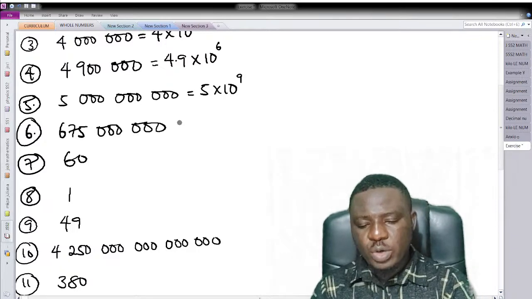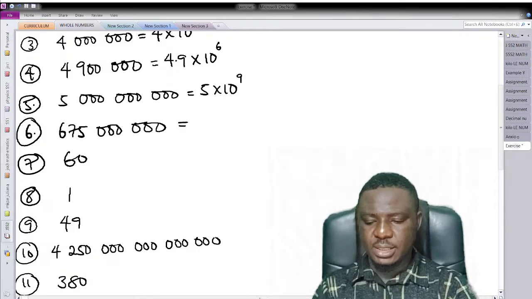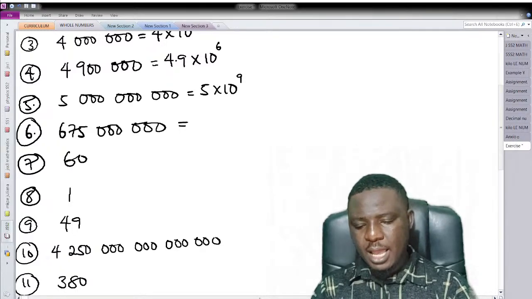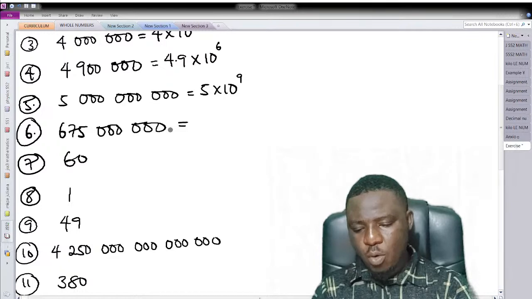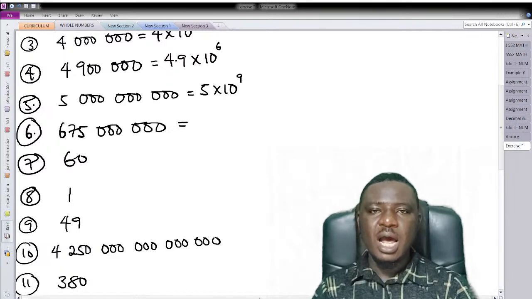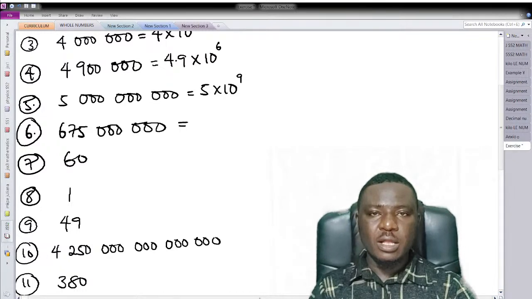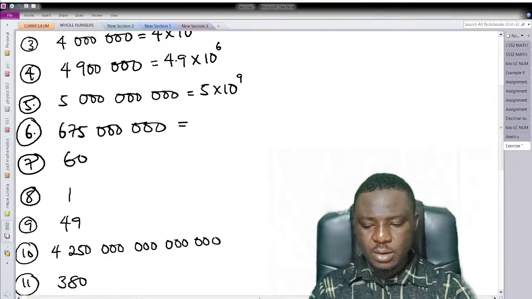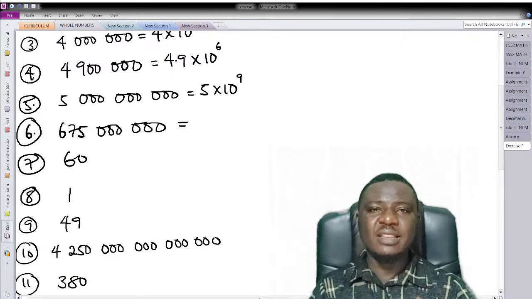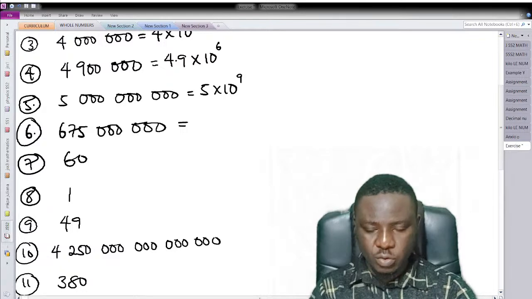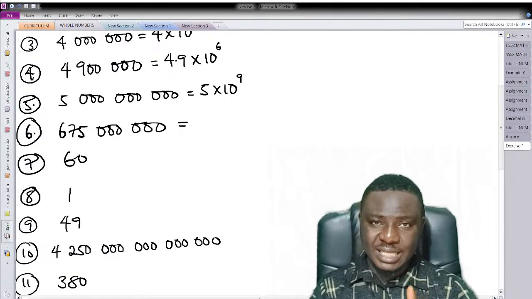So, for question number 6, expressing this in standard form, I'm going to move the decimal point until it falls behind the first significant figure or the first digit.